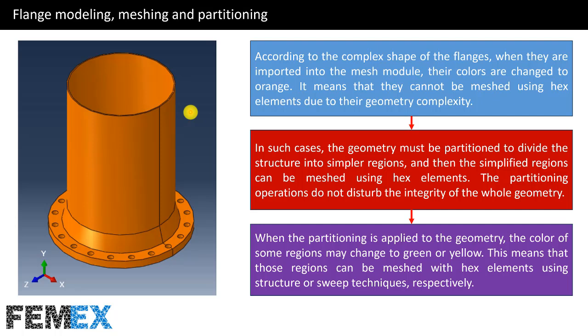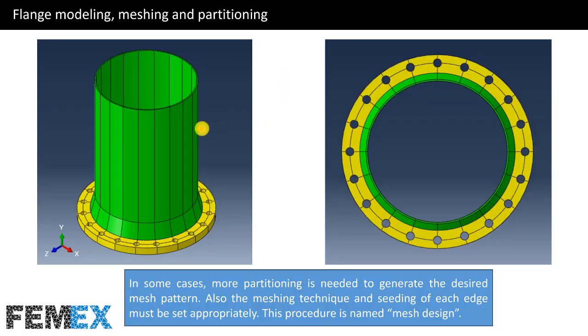This means that those regions can be meshed with hex elements using a structured or sweep technique respectively. As it is illustrated here, I have done a lot of partitionings, and the color of some of the regions is green and the color of some of the regions is yellow. So they will be meshed using a structured technique, and they will be meshed using the sweep technique.